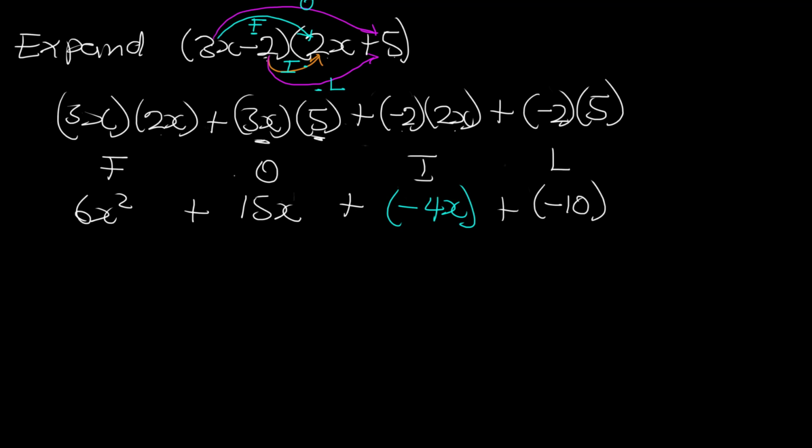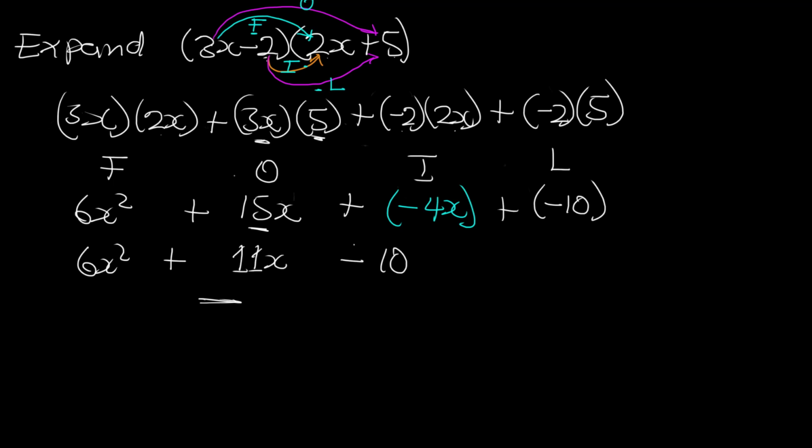We can now group like terms. We get 6x squared plus 15x minus 4x will give us 11x minus the last term is 10. So this is how we expand the bracket.